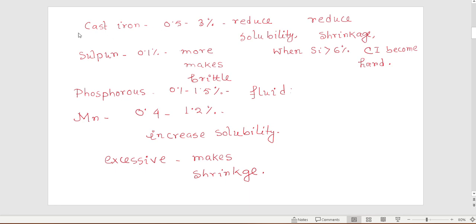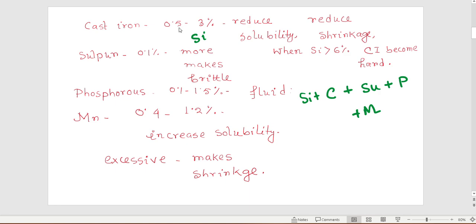Now come to the cast iron. There are various types of components available. Those are silica plus carbon plus sulfur plus phosphorus plus manganese.